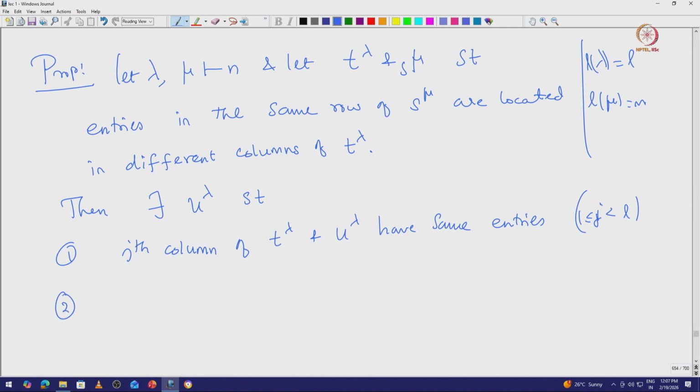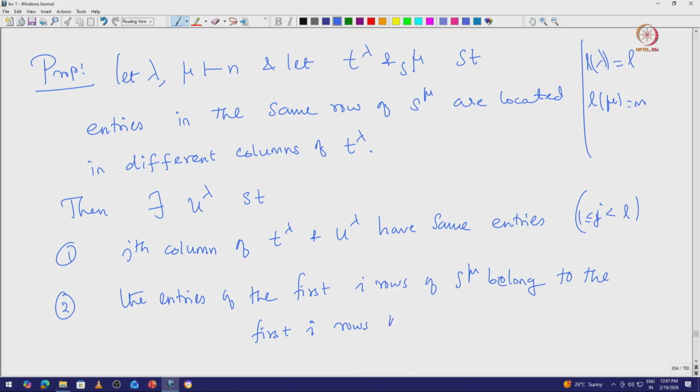And the second condition is that the entries of the first I rows of S mu should belong to the first I rows of this U lambda, and this is true for all I. Okay.